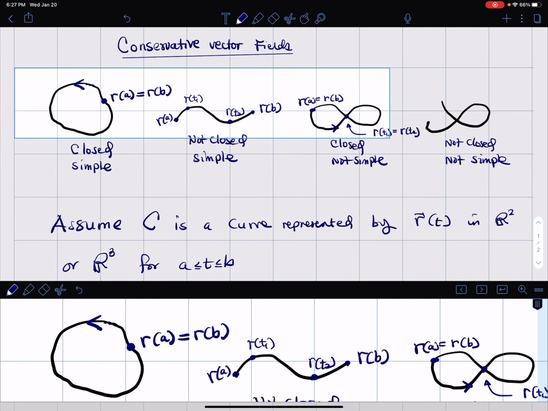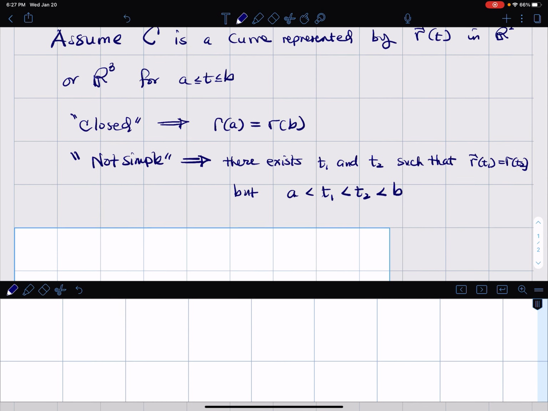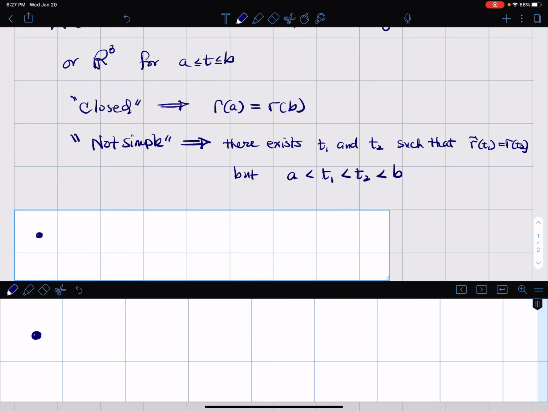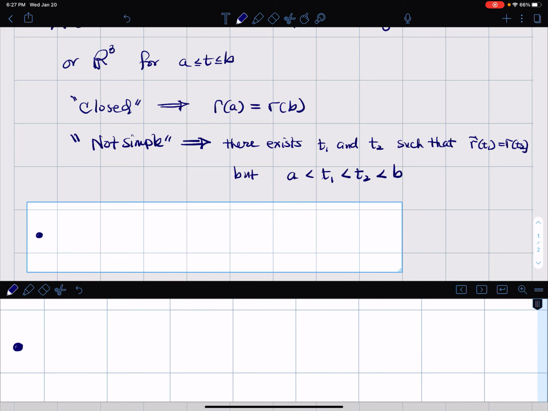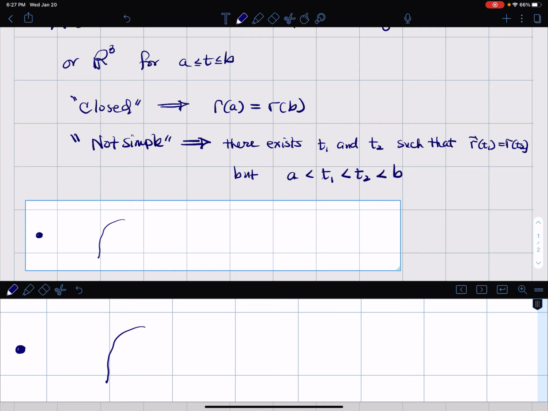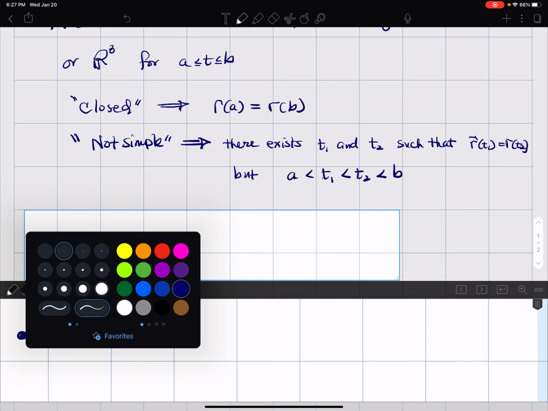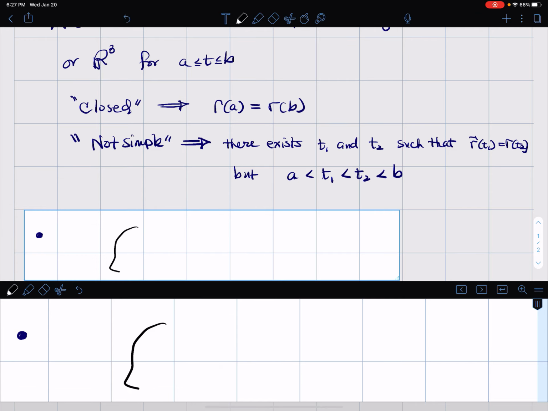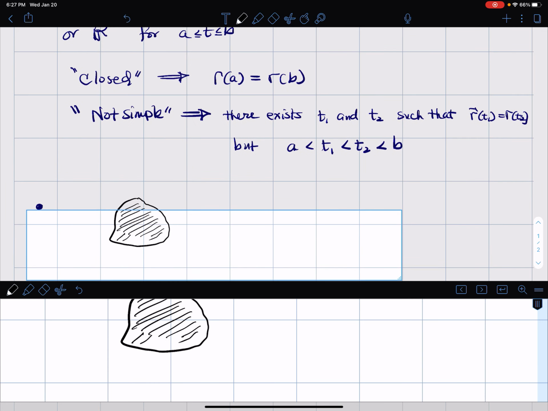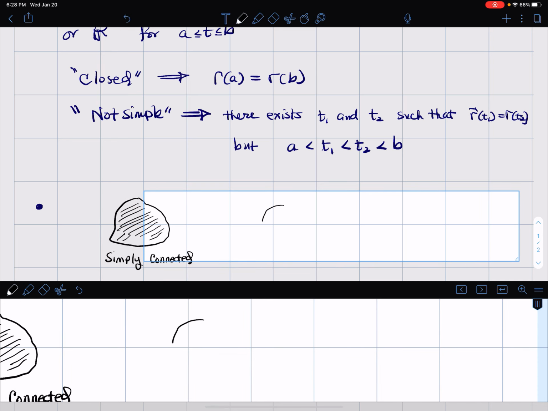All right, the next thing I want us to do is to look at different kinds of regions. Let's look at a region in R3. Think of it as a region in R2 also. This region, I would say, is simply connected, and I'll explain later on. Then we have another region.